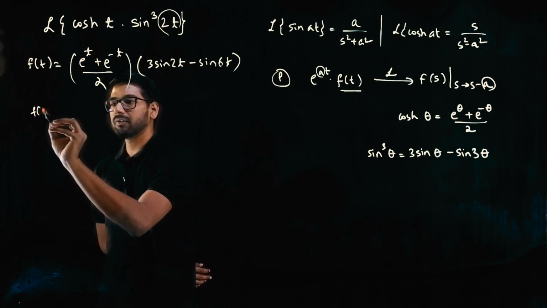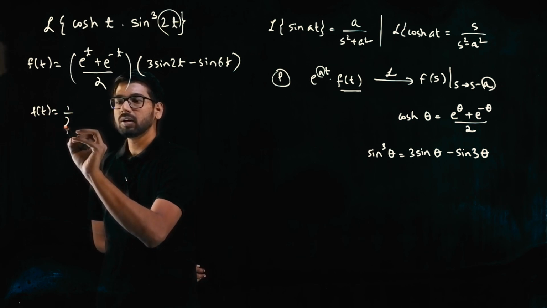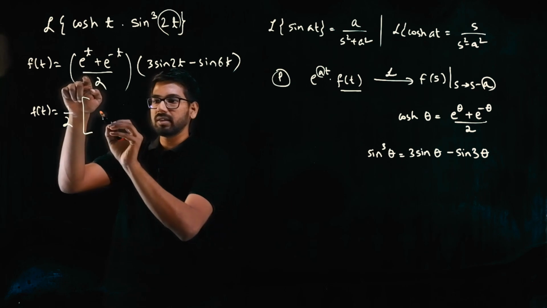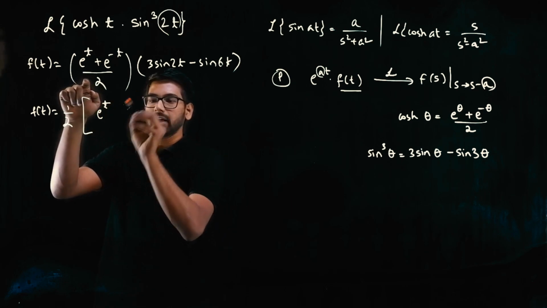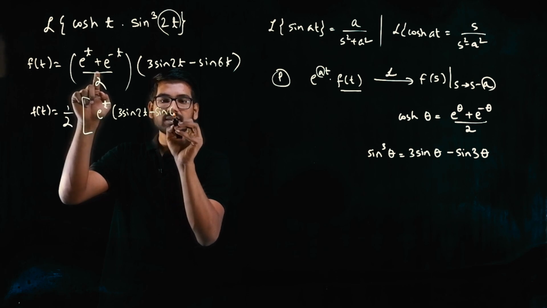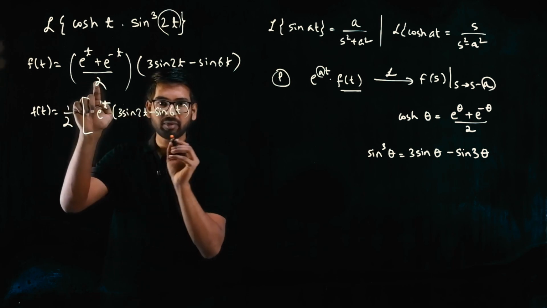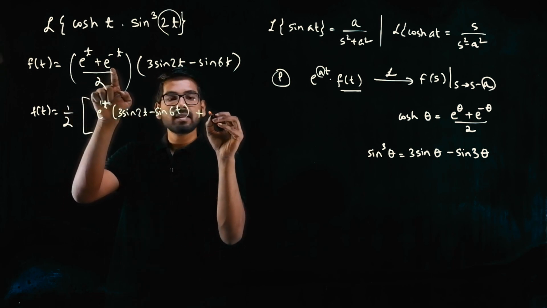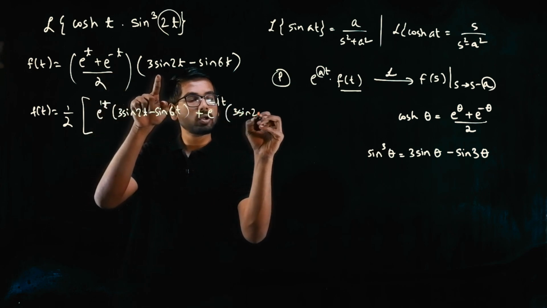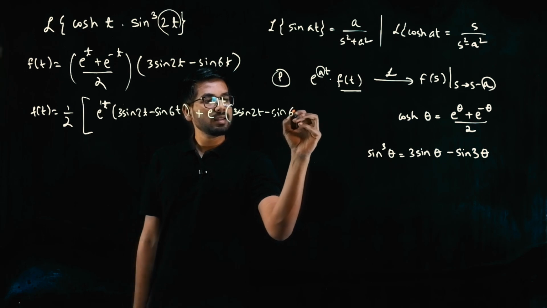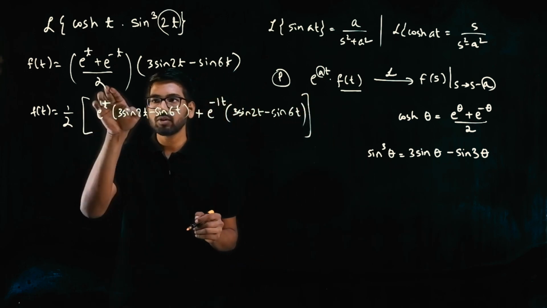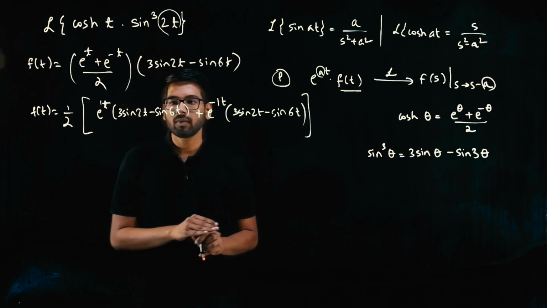So f of t is equal to 1 by 2, which I will take outside, and then the first term into this term, that is e power t into 3 sine 2t minus sine 6t, e power 1t. Let me write it like this. Then plus the second term, e power minus 1t into 3 sine 2t minus sine 6t. Close bracket. This 1 by 2 is common for all of these terms.